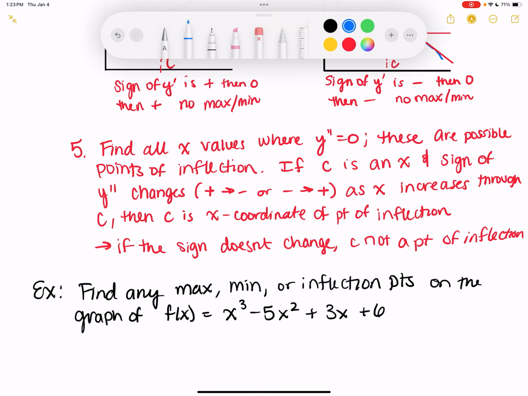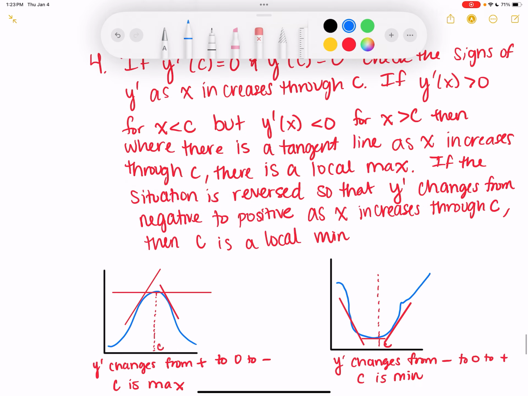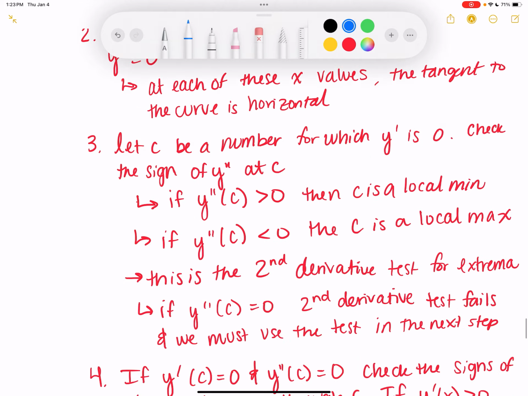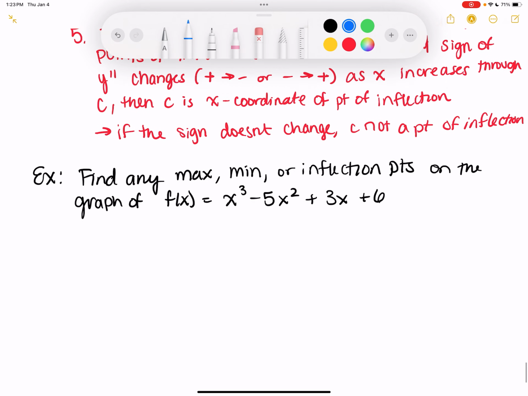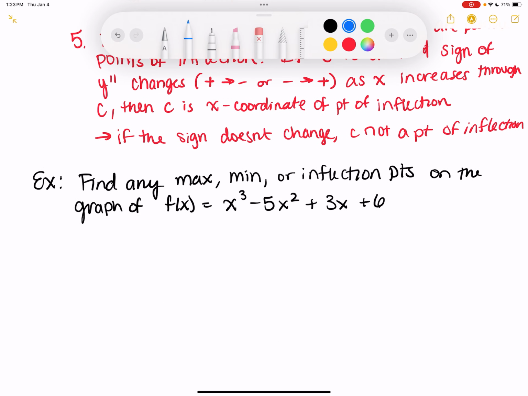So the first step was to find y prime and y double prime. So I need to take the first derivative of this. So step 1, y prime. So what would y prime be?